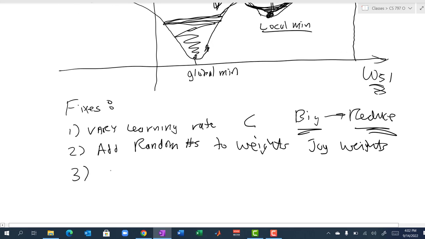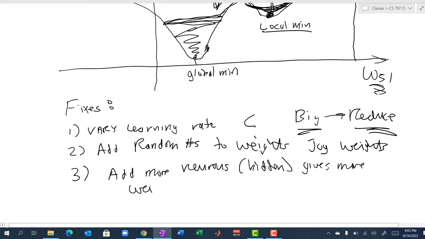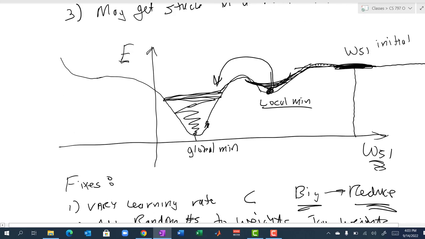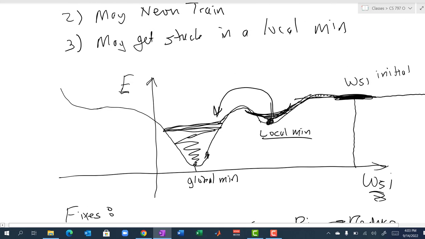Another fix is to add more neurons. These would be hidden, which gives you more weights, which are parameters in the error surface. And by doing that, you get another direction. So if you look at this plot here, if we only had one weight in our network, there are lots of local minimum that it could get stuck in.